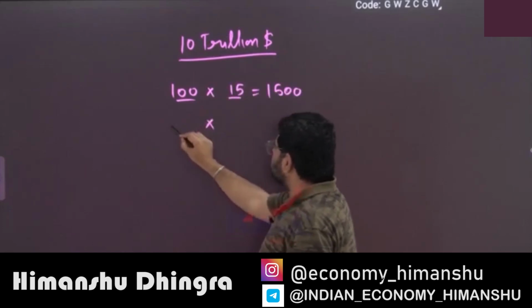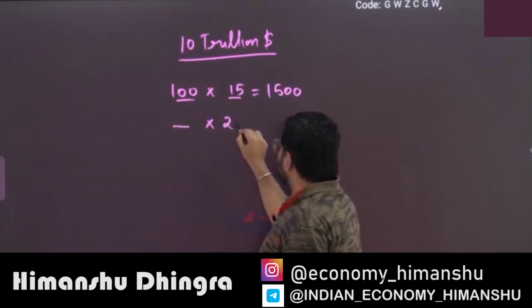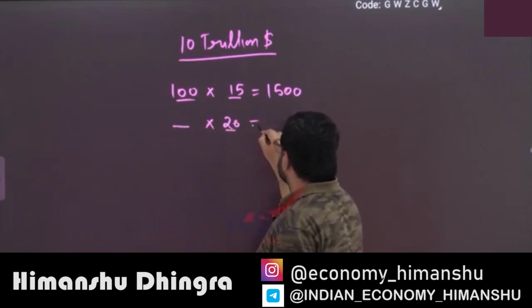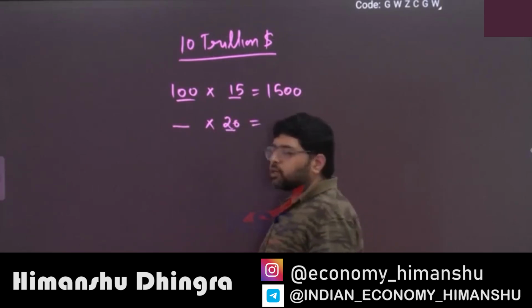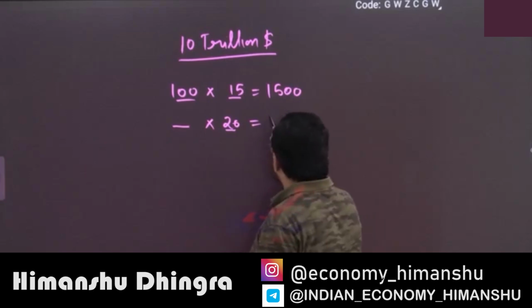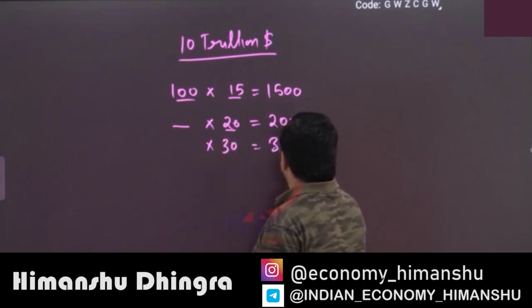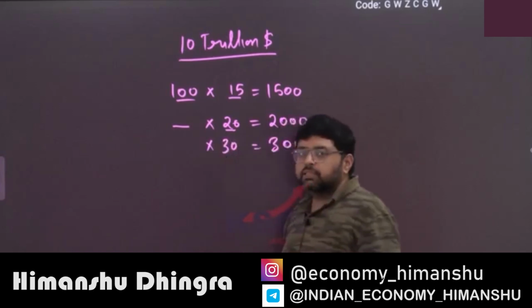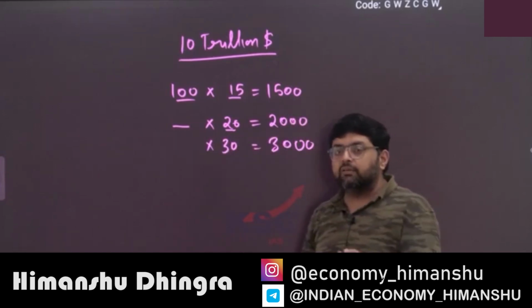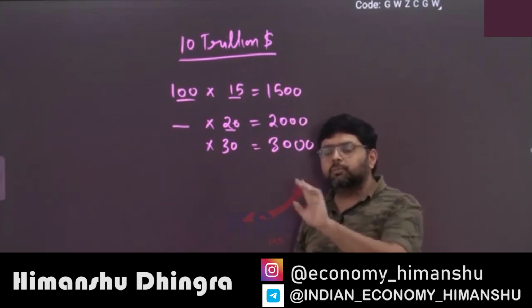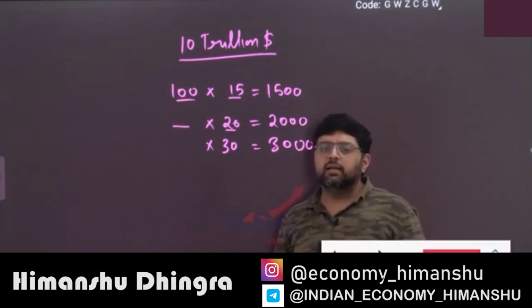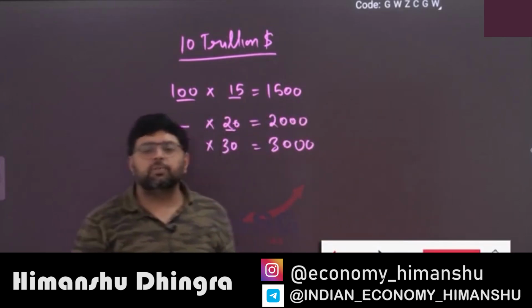Now you keep the production the same at 100, you increase the price, meaning inflation, and without increasing the production you can increase the GDP, 2000, whereas 30, 3000. So you can say nominal GDP can be increased even without increasing the production, that is by increasing the prices or by inflation.